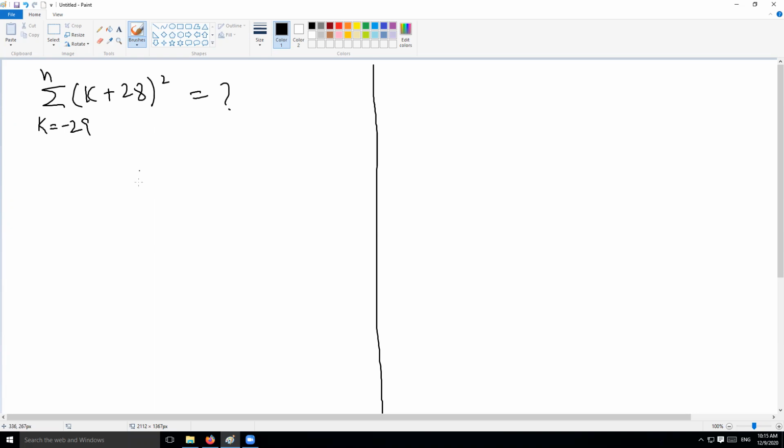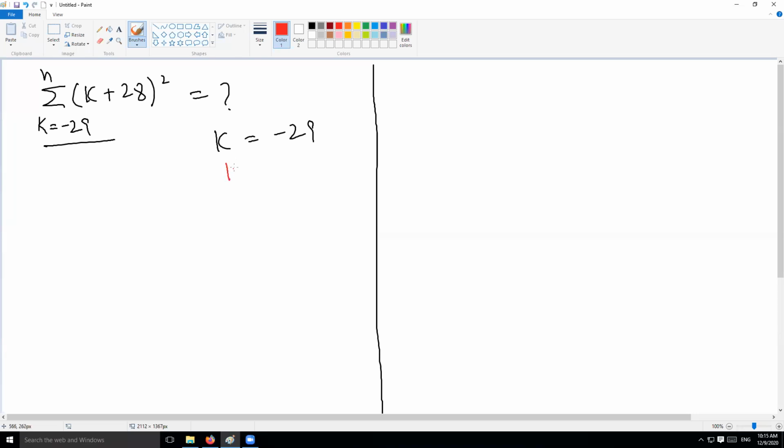So what should I do if I have to start this sum from k equal to 1? I have negative 29 and I want to start this sum from index equal to 1. So what should I do?